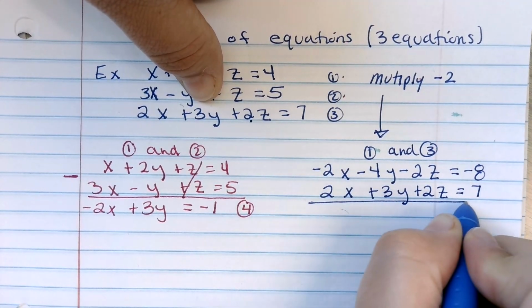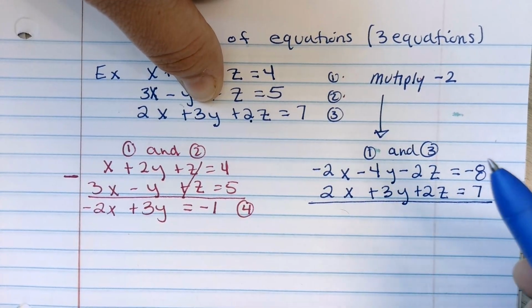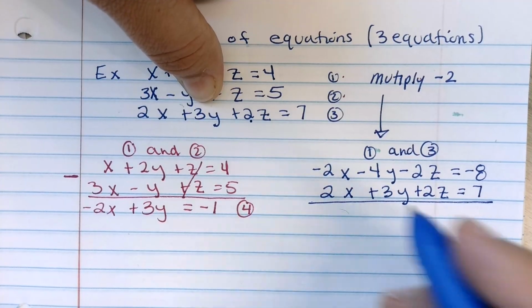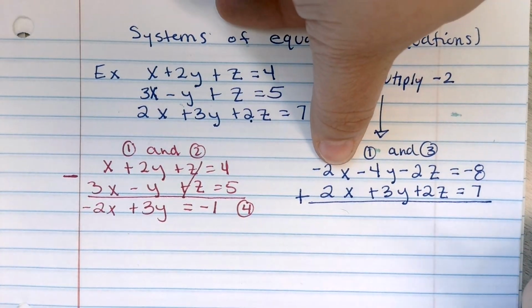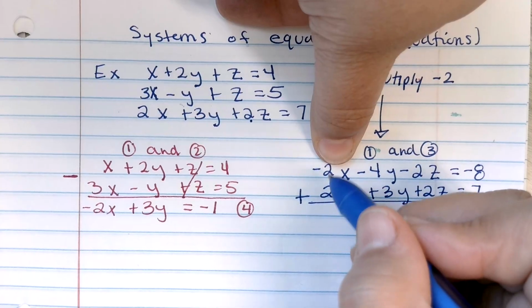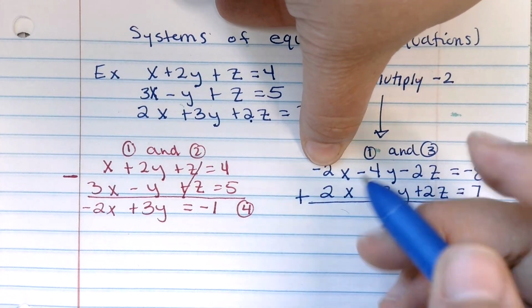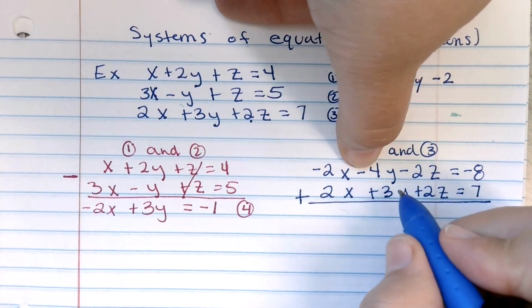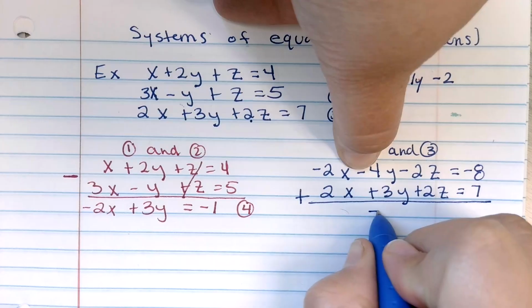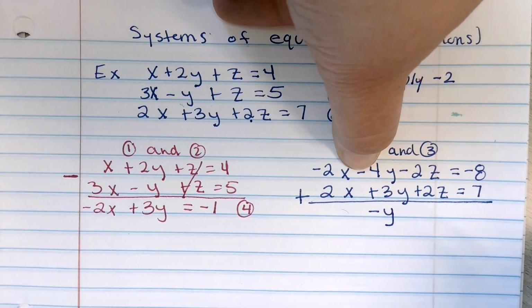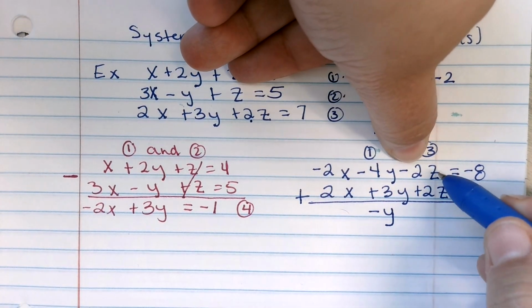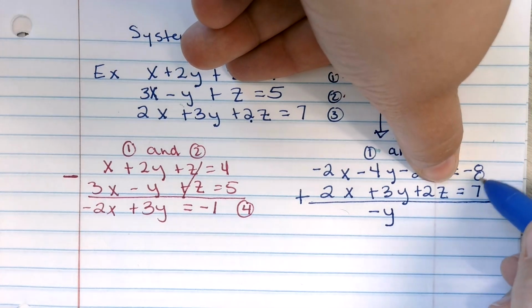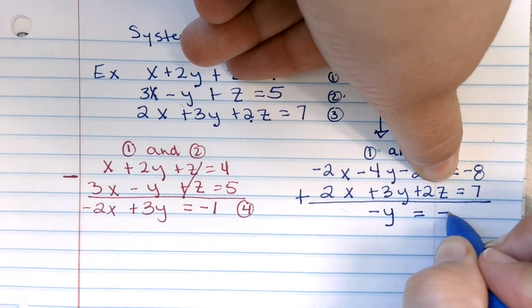Now, in this case, more than one thing is going to cross out. That doesn't always happen, but in this case, it's going to be okay. So what I mean by that is here, we've matched these 2's also, so that's a 0. And then -4y plus 3y is -y. My z's eliminate, and here we have -1.